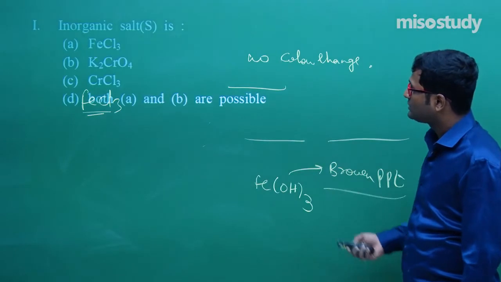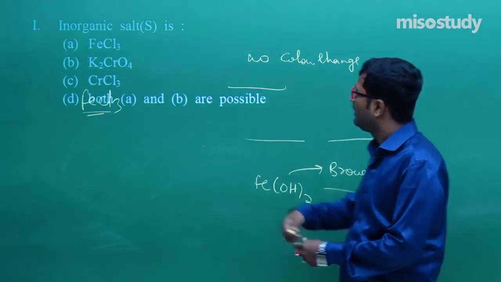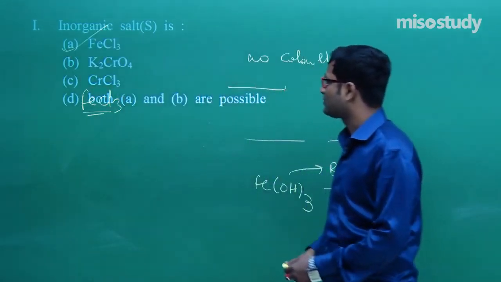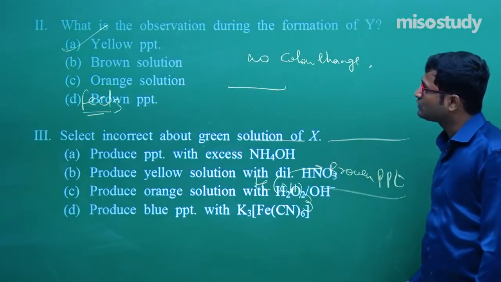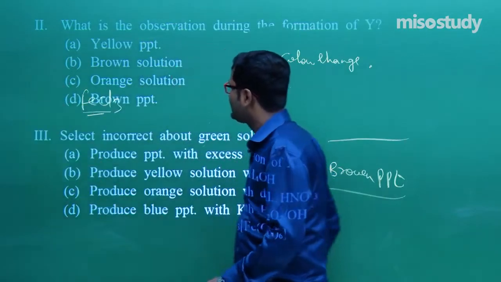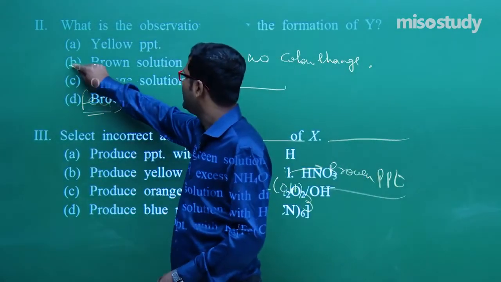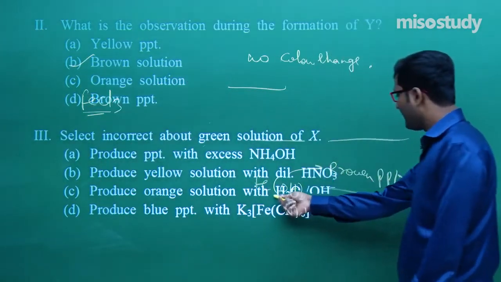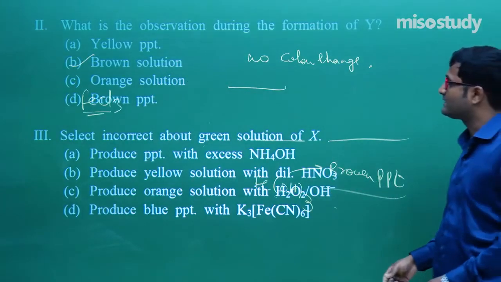Clear to you? Now check out, for question number 1, A is the correct option. Now let's move toward the next one. It gives a brown solution due to the formation of Fe(OH)3.